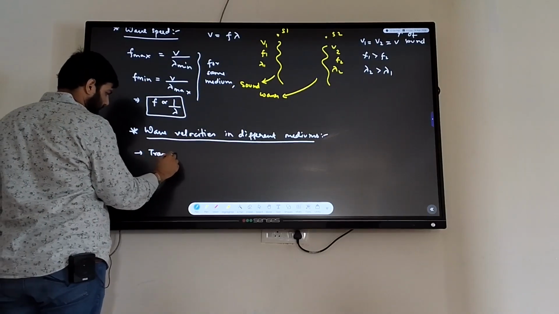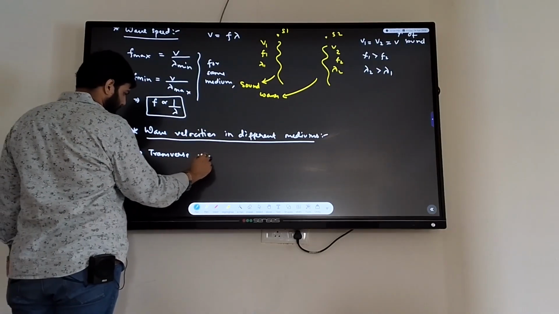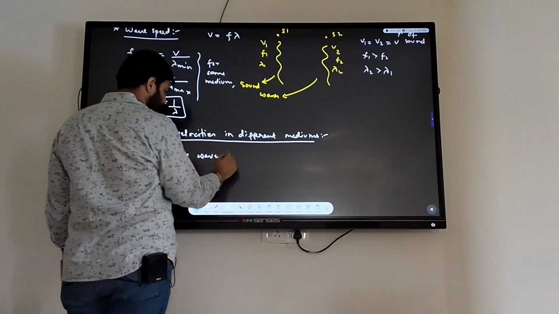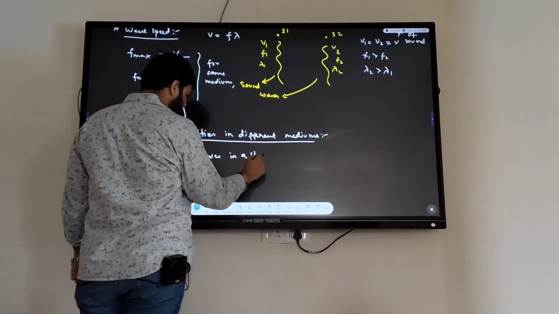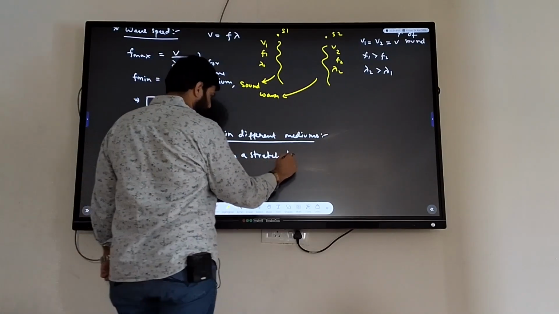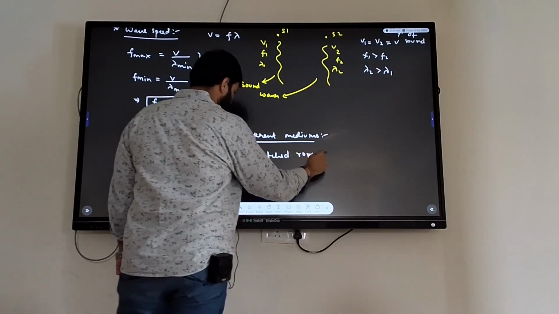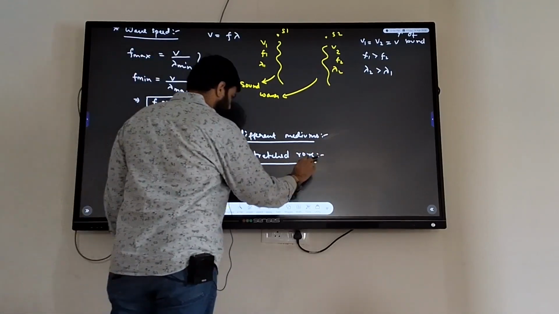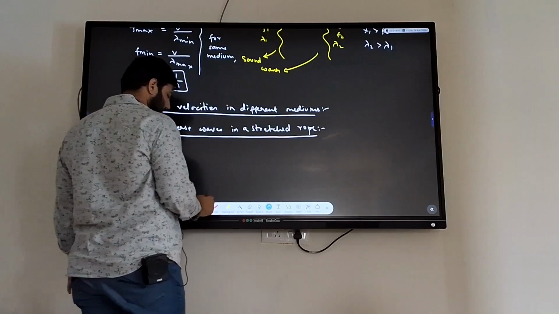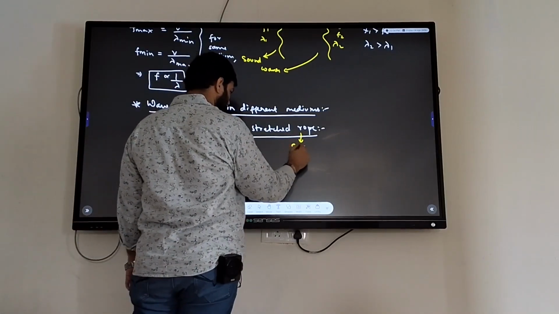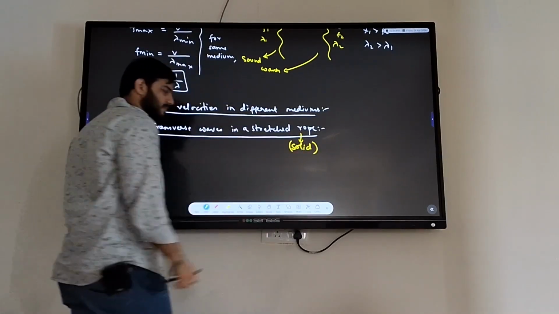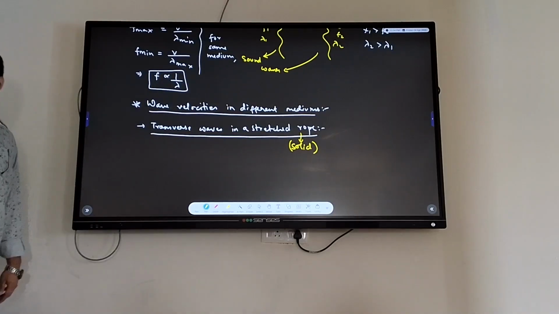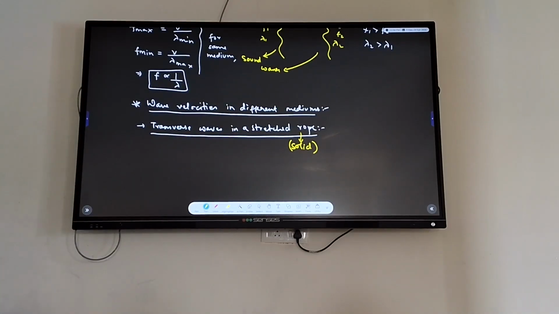Transverse waves in a stretched string, a stretched rope. And the rope is basically a solid, a solid medium. How will the transverse waves go in the rope, and what will be its velocity? We will try to derive that.